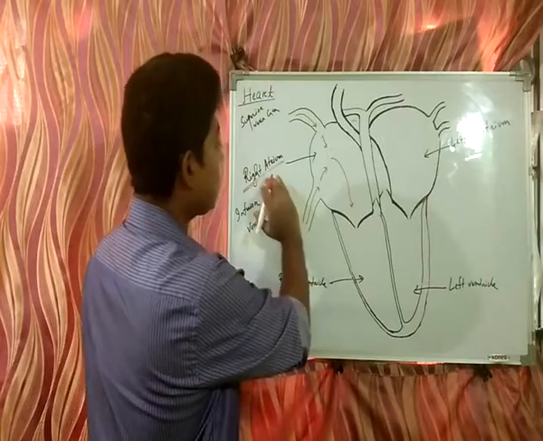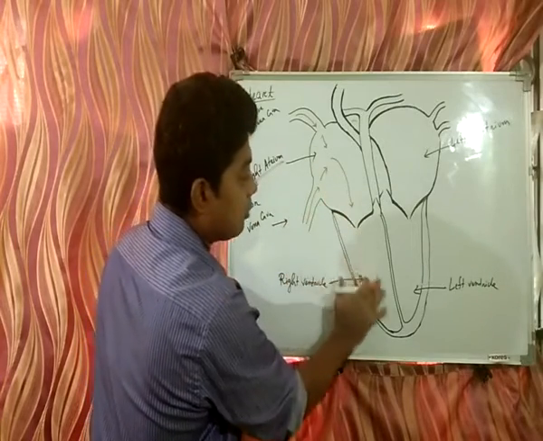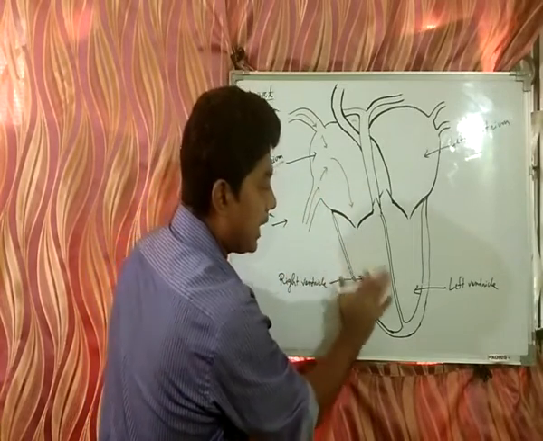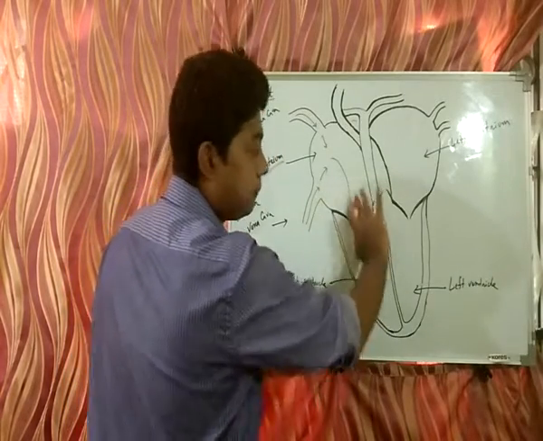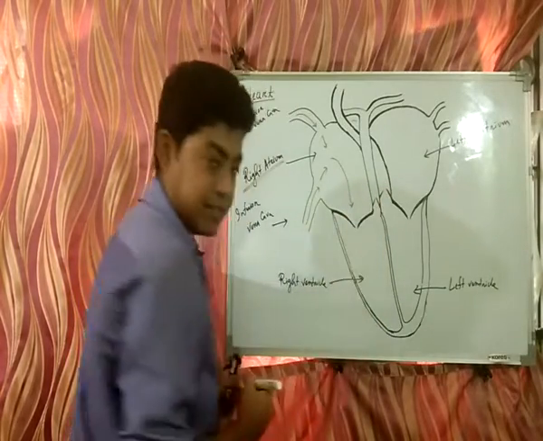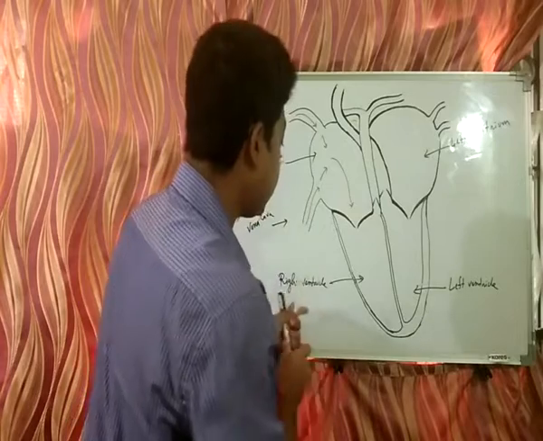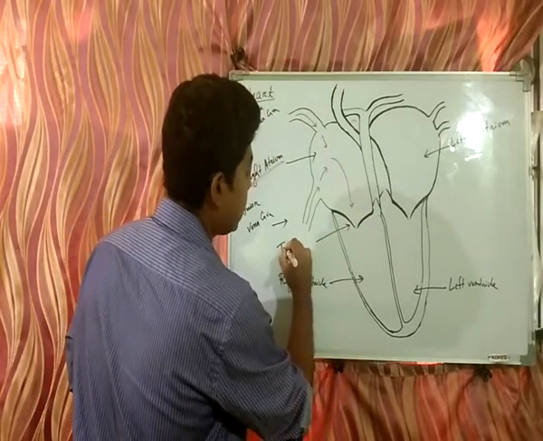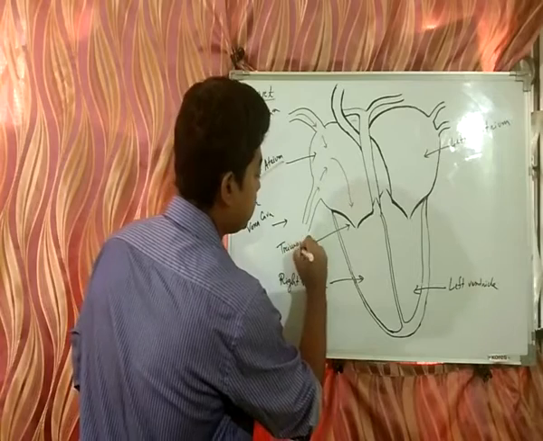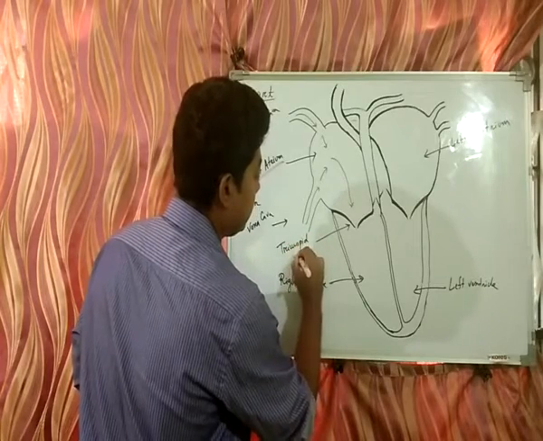From the right atrium, blood will flow to the right ventricle. But between this atrium and ventricle, a valve is present. This valve is called the tricuspid valve.